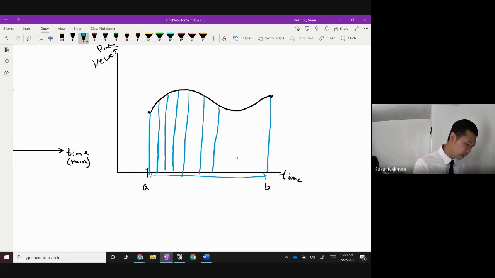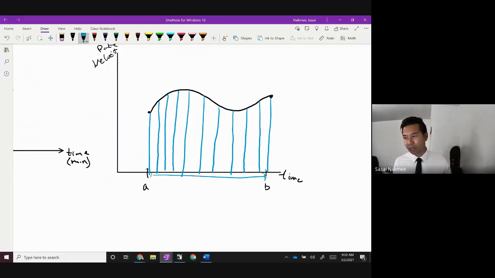And this is where calculus comes into play. We need to be able to calculate this area, right? But it doesn't make a simple geometric shape for us. It makes this weird little curve, and we've got to find a way to calculate that area. So what we're going to do today is learn, first of all, how to estimate that area.